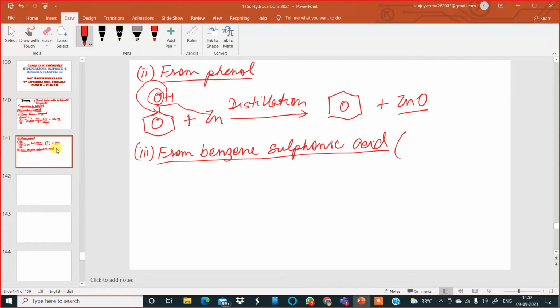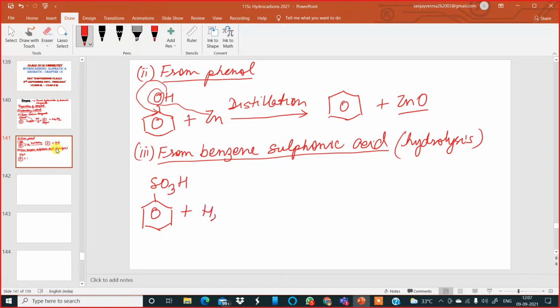It is a hydrolysis reaction. Here the benzene sulfonic acid, the formula is here, SO3H. This is benzene sulfonic acid.